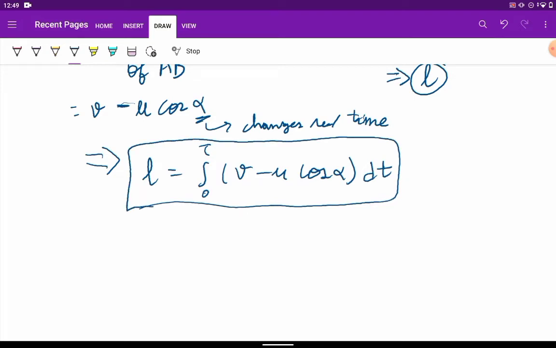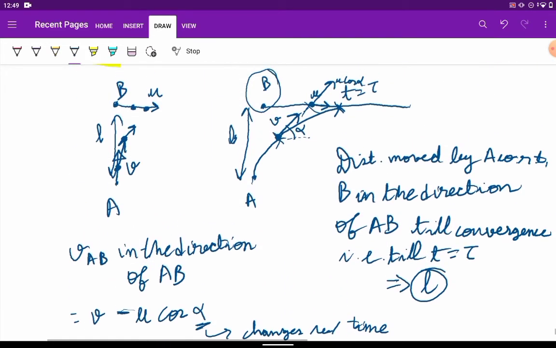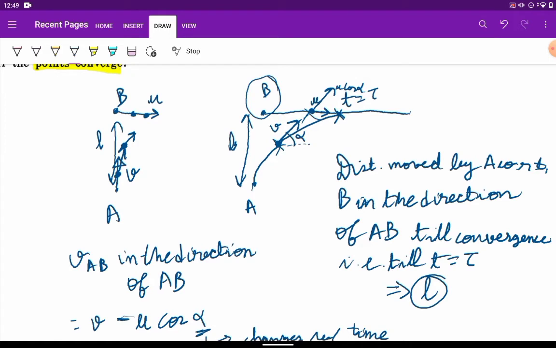But we need to find tau, and we don't know how alpha varies with time, so we need a second equation.